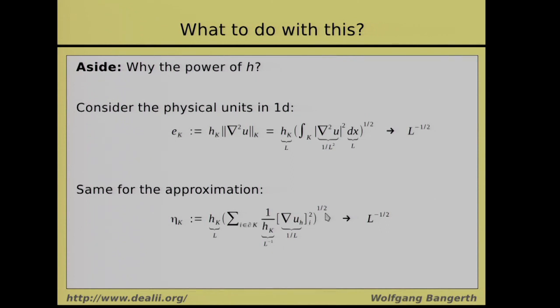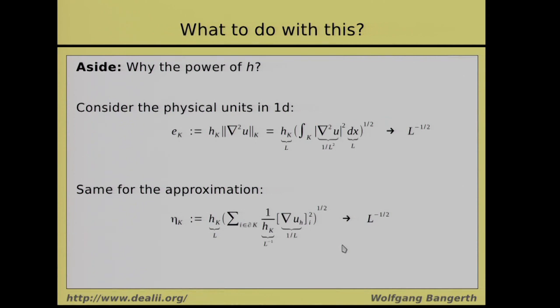So L to the minus 3 over 2 times L. That gives me exactly the correct physical units, right? Whereas if I had divided here by h squared, I would get the wrong physical units, and that just from that argument cannot be correct. Of course, there are many ways of getting a formula to have the correct physical units, but in this case, that actually turns out to be not just the correct formula from the physical units perspective, but also mathematically.